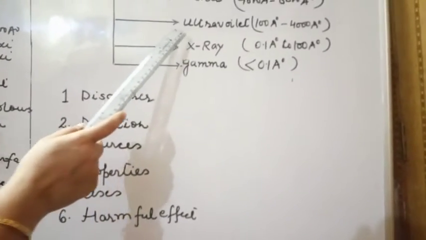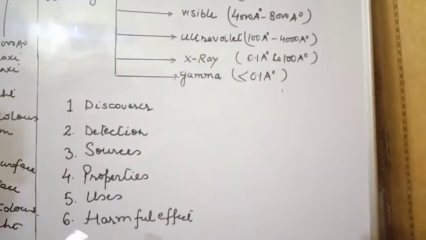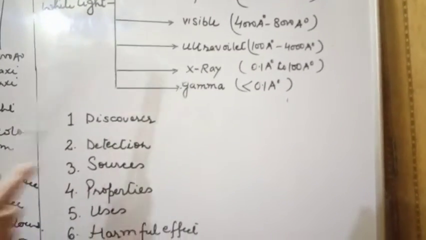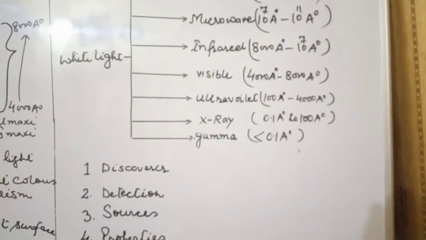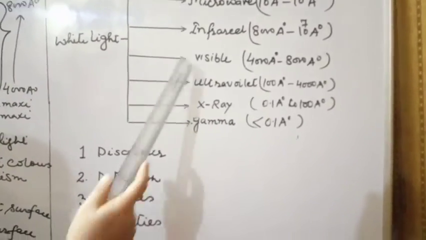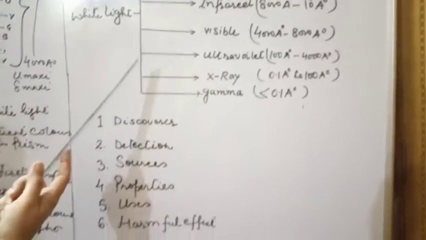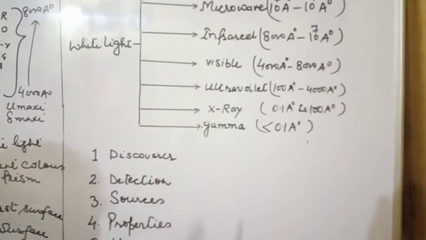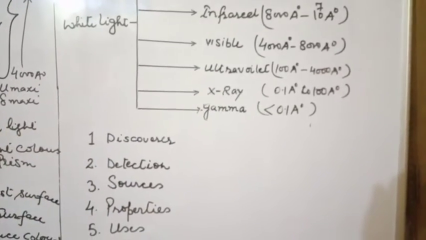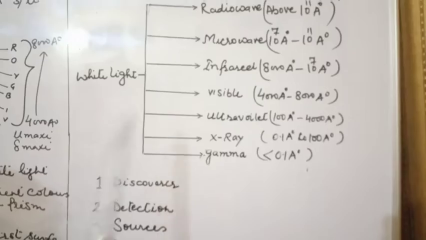When we pass ultraviolet radiation on the silver chloride solution, firstly its color changes to violet, and at the end violet changes to black. Visible light, we can easily see the object in the presence of visible light. Infrared is identified on the basis of its hot body properties.